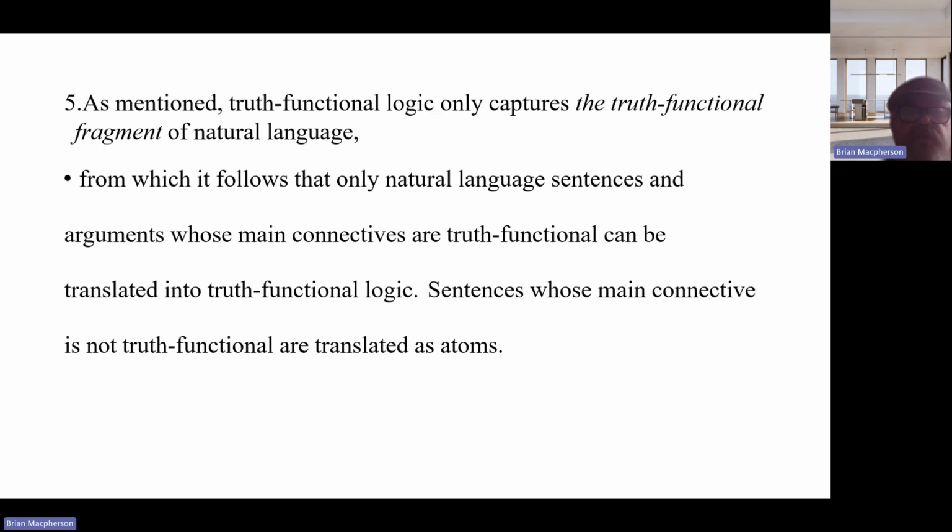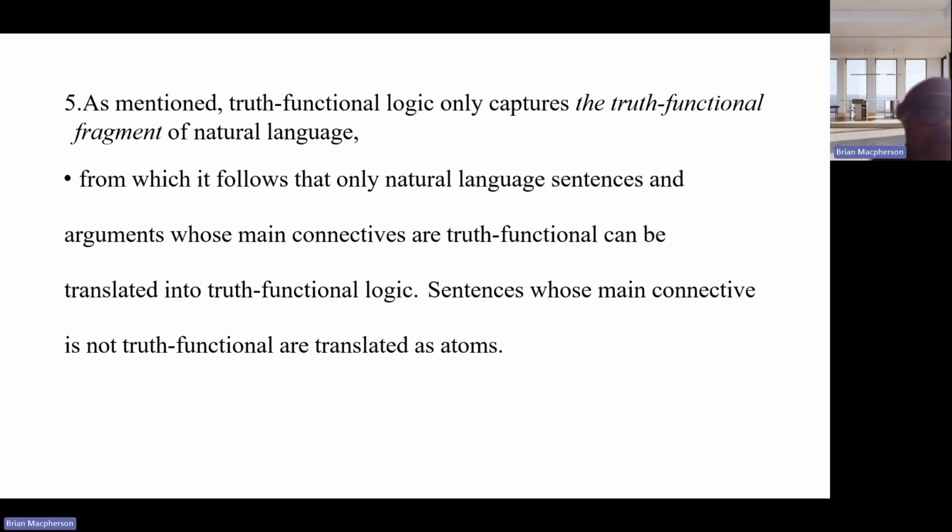So as I mentioned, truth functional logic only captures the truth functional fragment of natural language: and, inclusive or, if then, if and only if, and not. From which it follows that only natural language sentences and arguments whose main connectives are truth functional can be translated into truth functional logic.